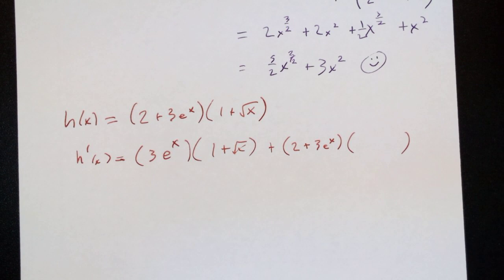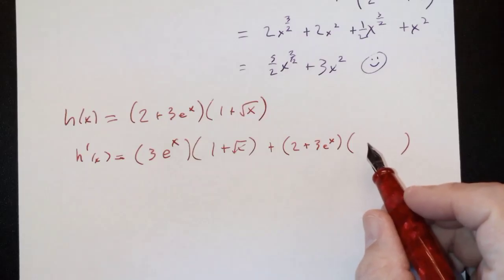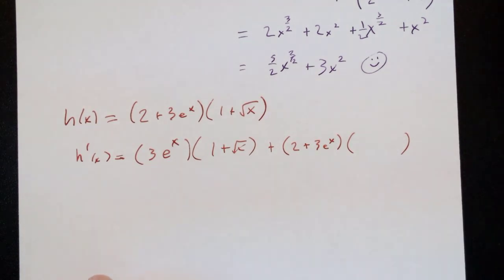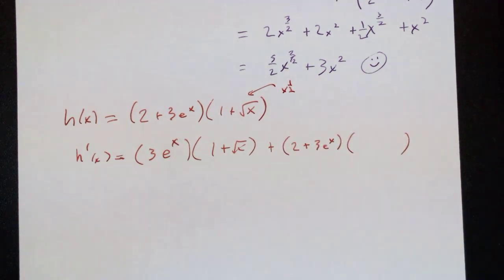Square root of x. We see the square root of x a lot. It's the derivative of the square root of x. The square root of x is equal to x to the 1/2. Now I have to take the derivative, so I will just make that x to the 1/2 up here.